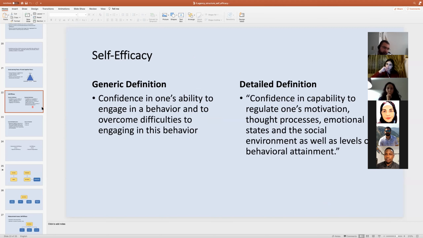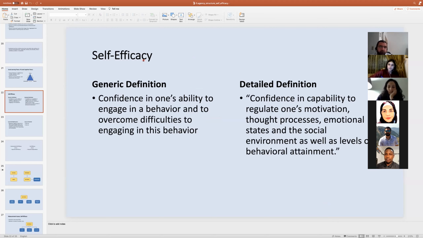Then, one of the important contributions, again, of the social cognitive theory is this construct of self-efficacy. We've read about self-efficacy in the health belief model and the theory of planned behavior. However, it was actually the social cognitive theory that had first presented self-efficacy as a construct.